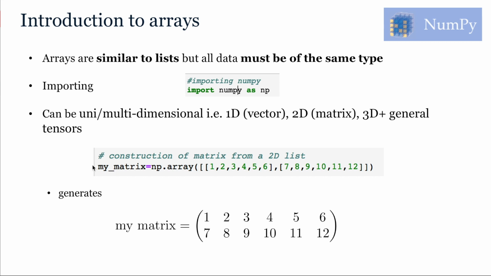One way of creating a NumPy array is to pass it a list or a nested list for higher dimensions. So in this specific example, we use a list of lists to create a 2D array where the outer list contains 2 inner lists, each with 6 variables, so this returns a 2 by 6 dimensional matrix.